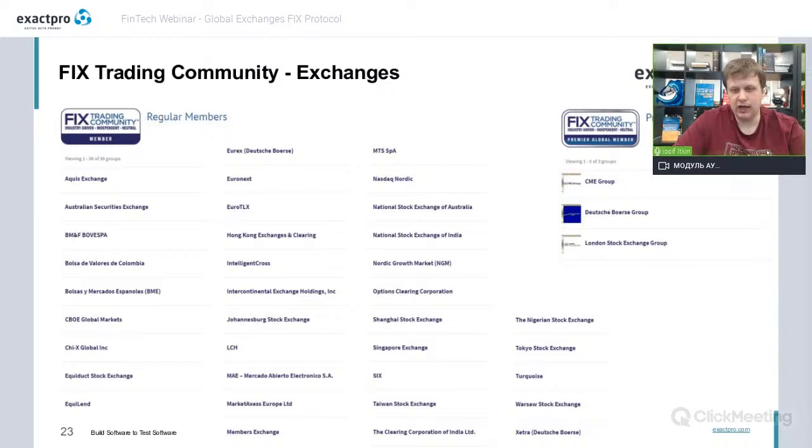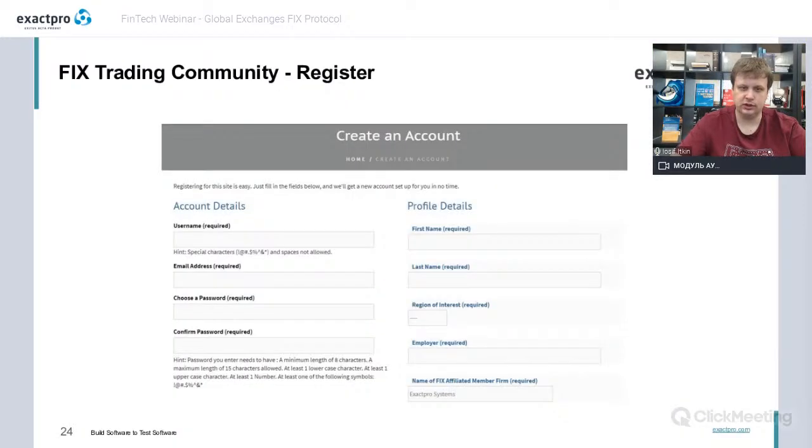So everyone is using fixed protocol, including exchanges. There are at least 39 members who are using fixed protocol and actively participating in the process.